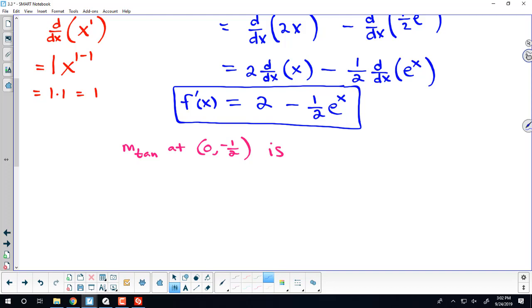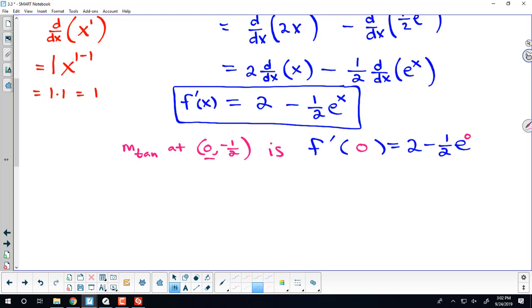Plug 0 into the derivative. Yeah, exactly. Our x is 0 for this point. We have the derivative function. All we need to do is evaluate the derivative at the x value of the point. So f prime of 0 is 2 minus 1/2 times e to the 0.